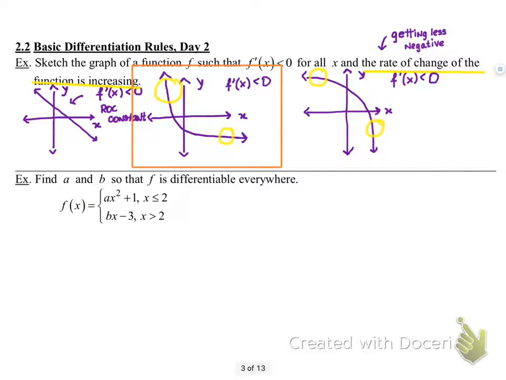But I want to talk a little bit more because what we have happening here in the middle is that your function is decreasing at a decreasing rate. But over on the right, this far right one, it's decreasing at an increasing rate.